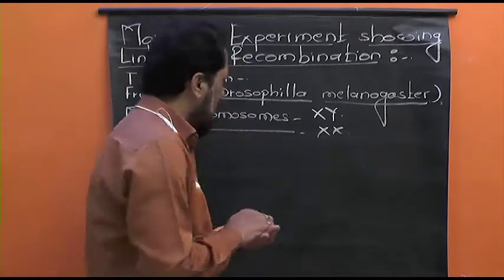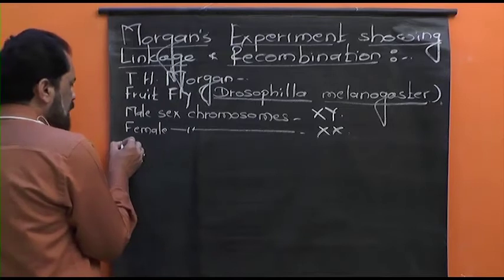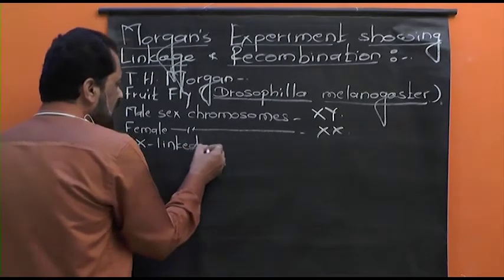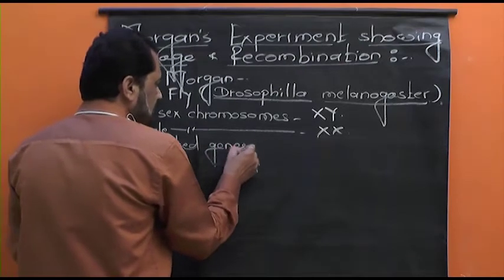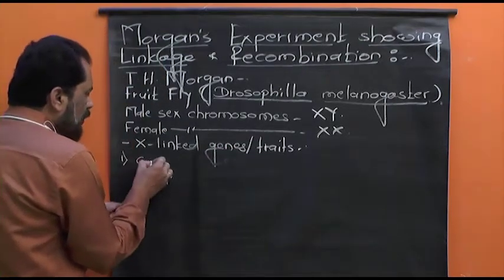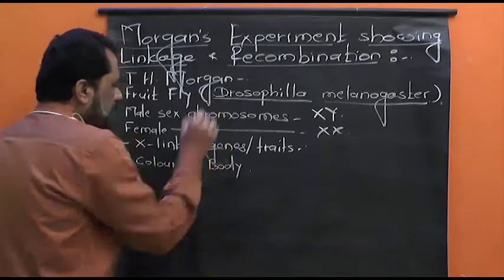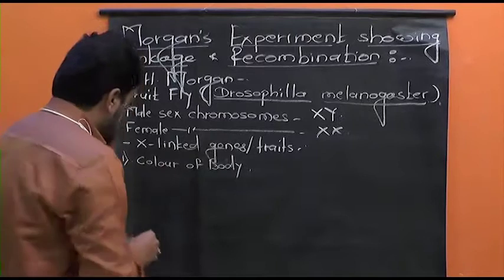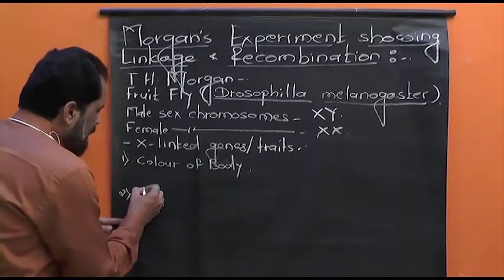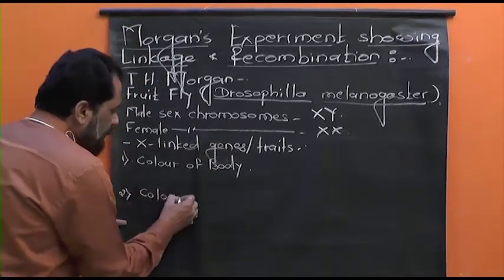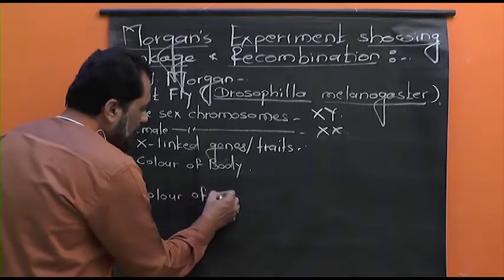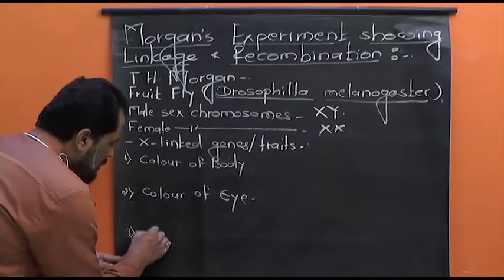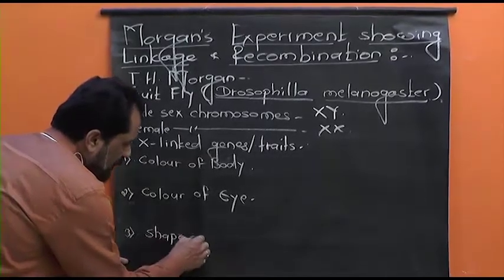Say, for example, Morgan discovered different X-linked genes and X-linked traits: first, the color of body. It is an X-linked trait in Drosophila. Second, the color of eye. Third, the shape and size of wings.